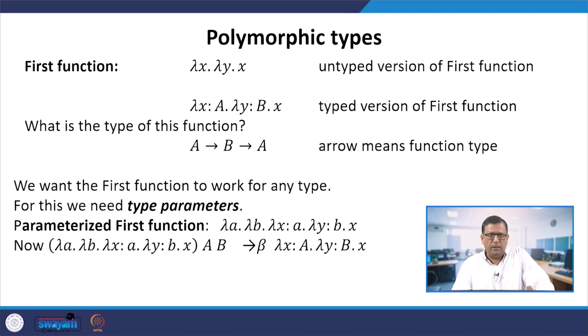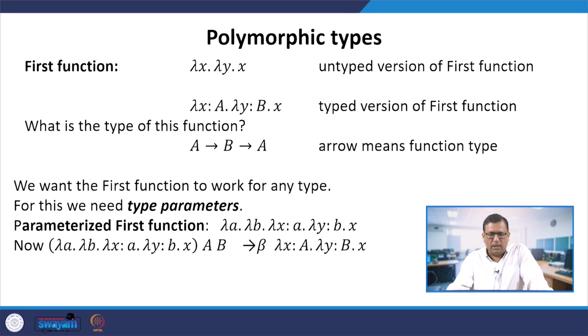So now you have an annotation: x has type A, y has type B. That is the typed version of the first function. The type of this expression now is A arrow B arrow A. That means x has type A, the first argument, y has type B, the second argument, and the return type is A. So it will be A arrow B arrow A.